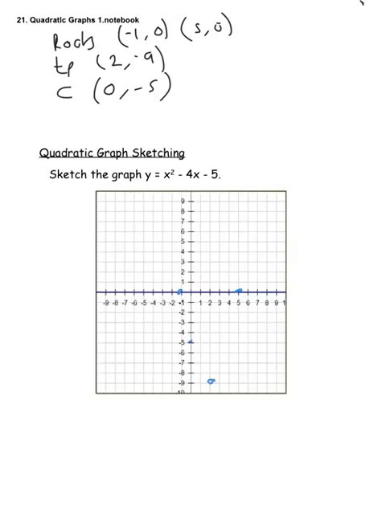Not terribly accurate on the device I'm using, but I'm going to join up those points, and that should give me somewhat of a parabola that looks a bit like that. My wiggly line is not very good, but I'm sure you can do a better job on a piece of paper.